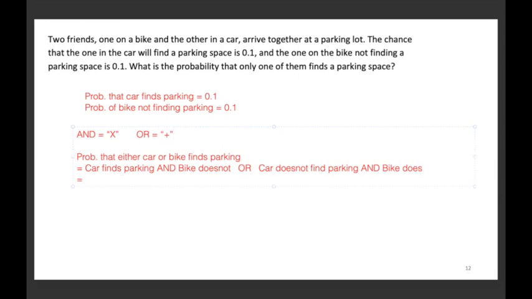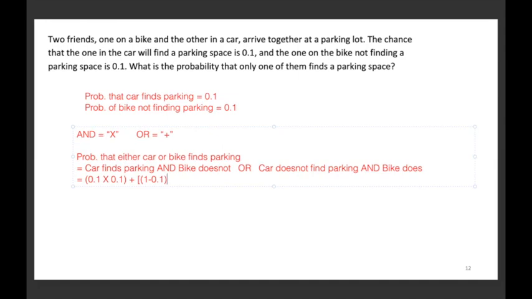So the probability of the car finding a parking space we know is 0.1, and we write 0.1 multiplied by 0.1, since the bike not finding is also 0.1. Or means addition, plus the probability that the car does not find a parking space. The probability of that will be 1 minus 0.1, because 0.1 is where the car finds.